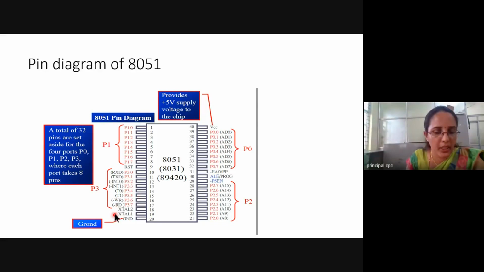XTAL1 and 2 are the pins to connect the quartz crystal, and pin 20 is the ground pin, and pin 40 is VCC, the positive supply. And here you can see port 2 pins are used for the port 2 register as well as the higher order address A8 to A15.